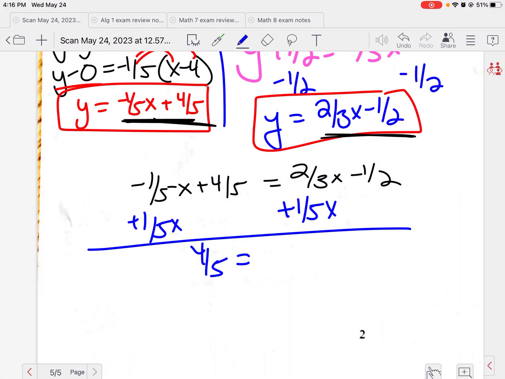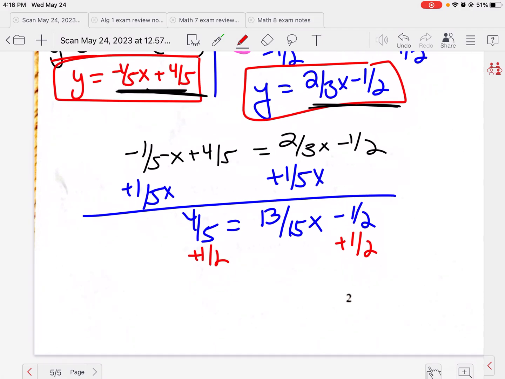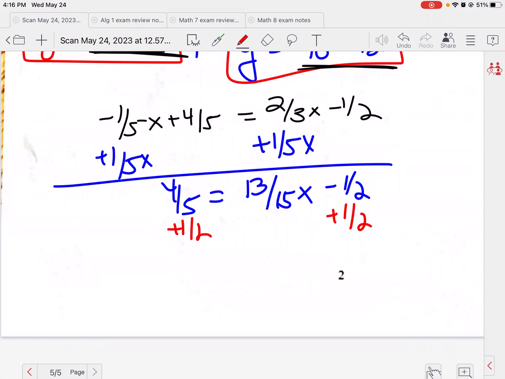So we are going to have 2/3 plus 1/5, and that is going to give us 13/15 x minus 1/2. We are going to go ahead and add 1/2 to both sides. So 4/5 plus 1/2 is going to give us 1 3/10, which is the same as 13/10.